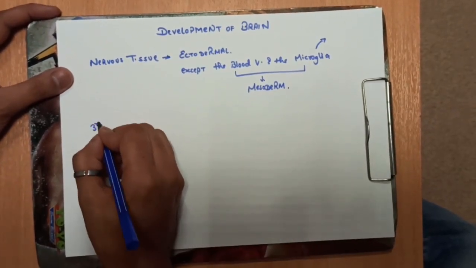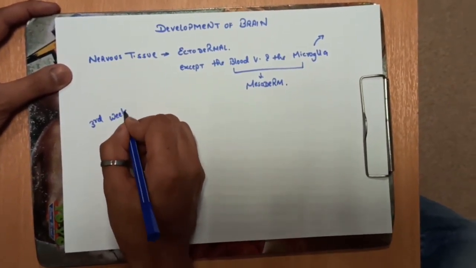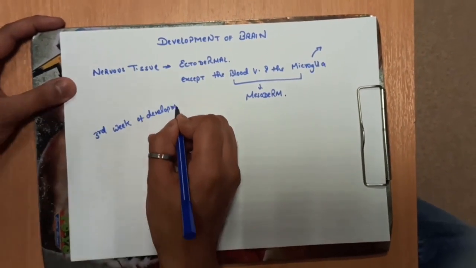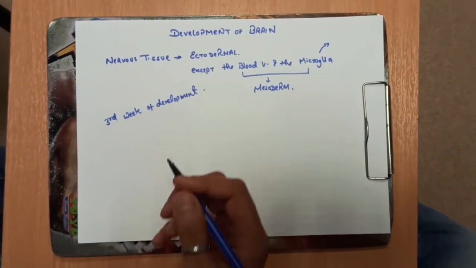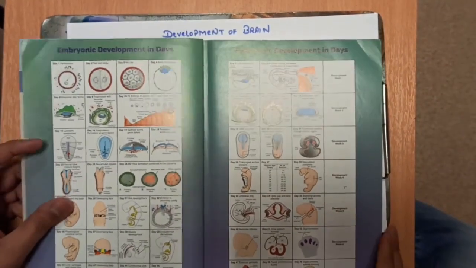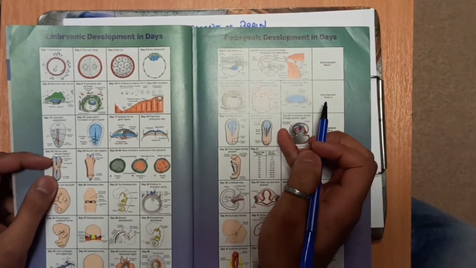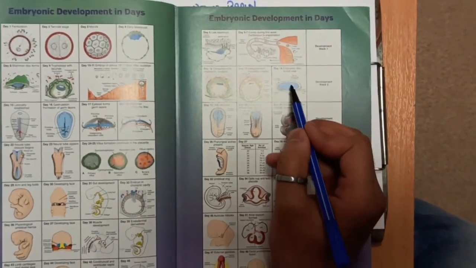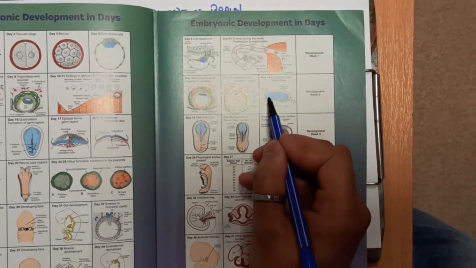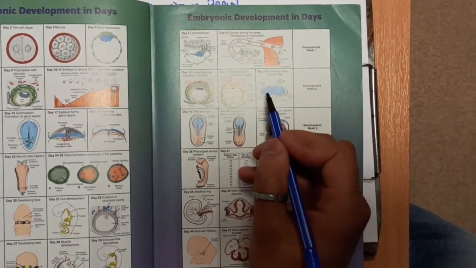Now, during the third week of development, you might know the hypoblast and epiblast are the two layers which form. You can see at the end of the second week there is a small flat disc-like structure. This is the primitive streak arising from the primitive node.